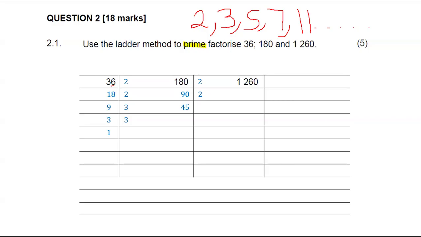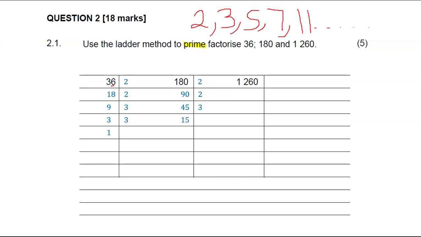Can it be 3? No, it's 5 actually. No, guys, it's not 5. 3 does go into 45. So let's see. 45 divided by 3, what is it? It is 15. Can I go into 5 now?